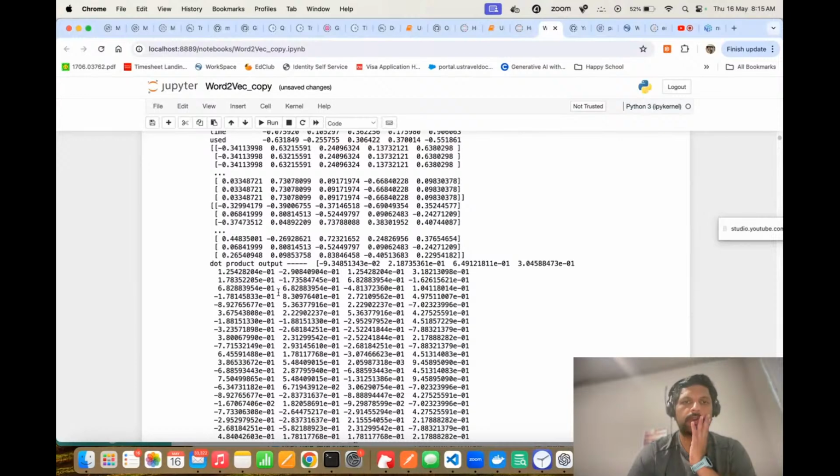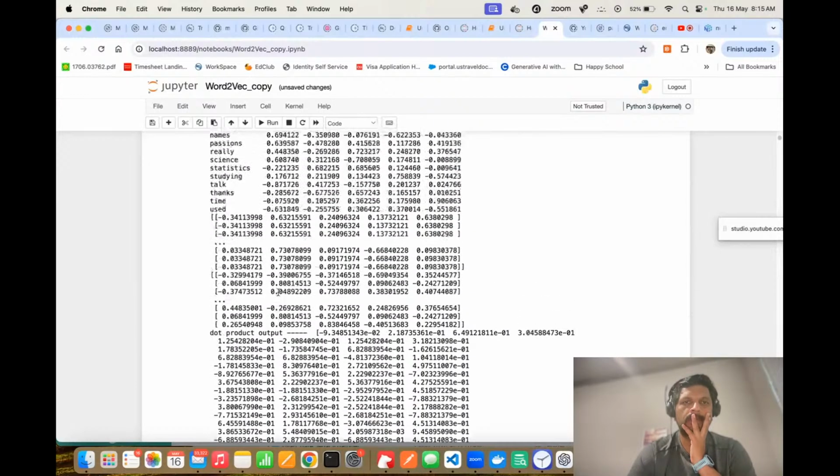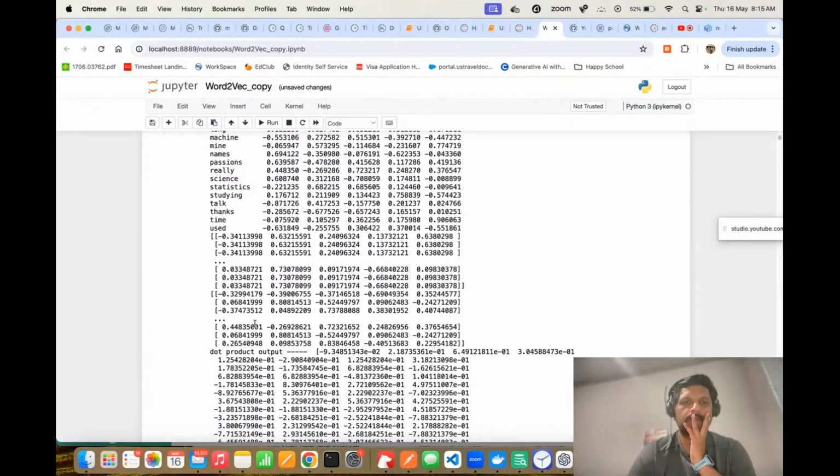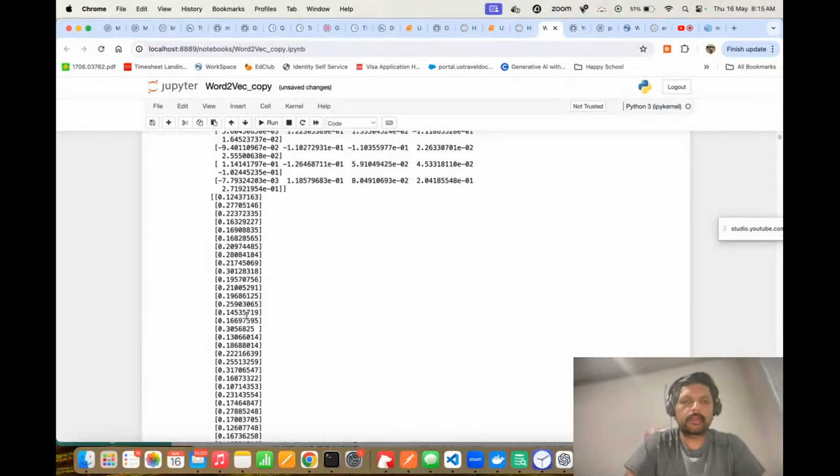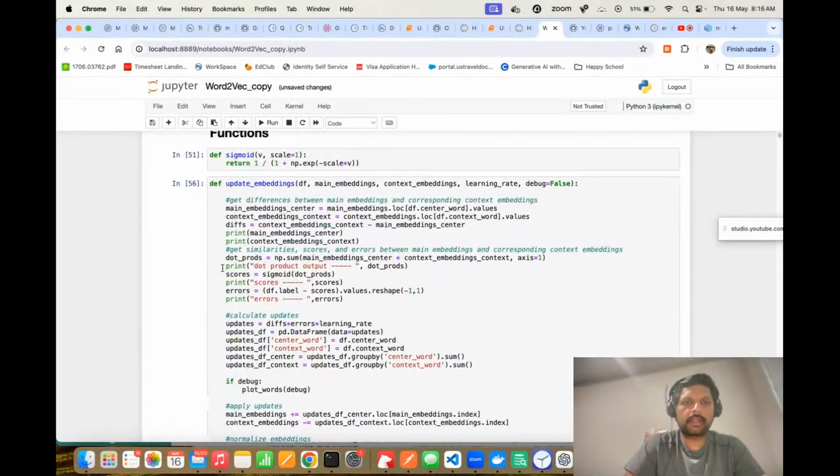So dot product output. So these two are the, let's see. What is the difference in between this? Let's look at it again. These are just the dot values.